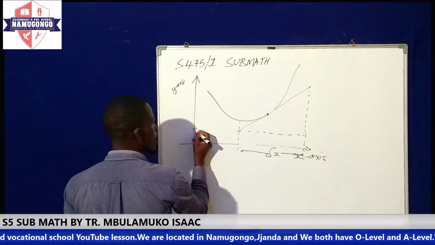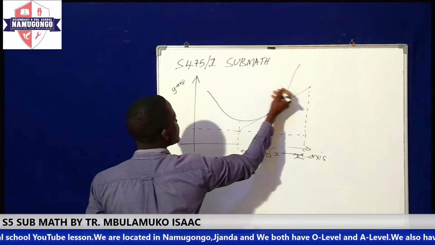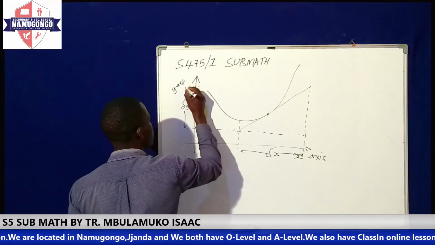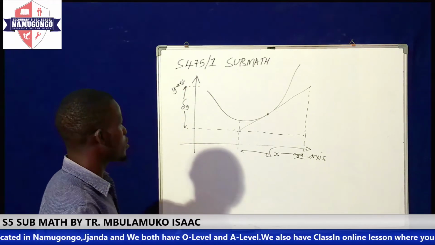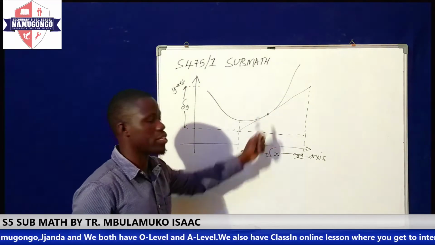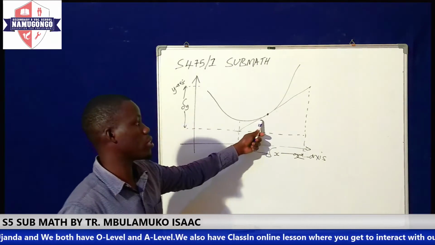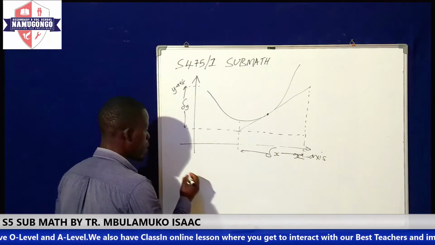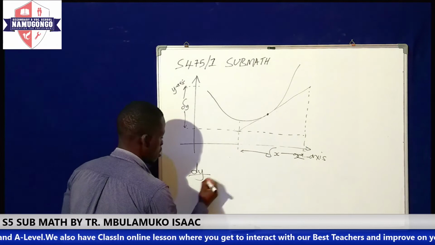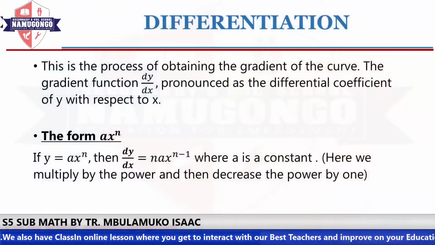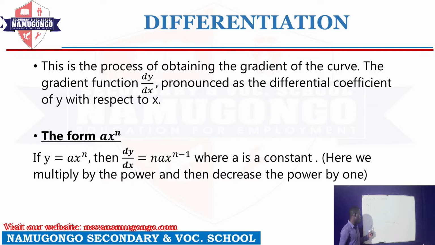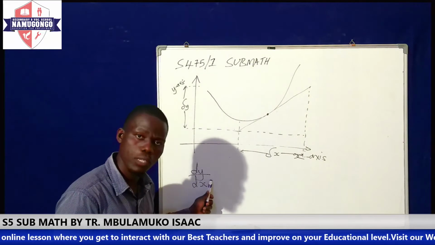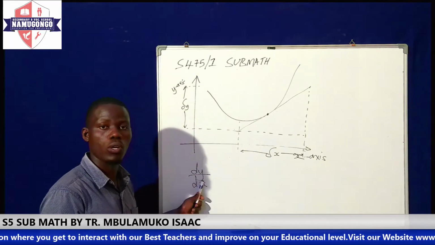Then from here up to a given point here, we have our change in the y. So when we want to get the slope of this curve, we get its gradient, and that is simply what we call differentiation. In our math, it is normally read as dy/dx, or what we call the derivative of the function y with respect to x. This is what we call differentiation.